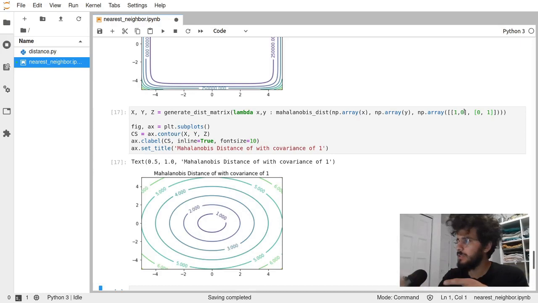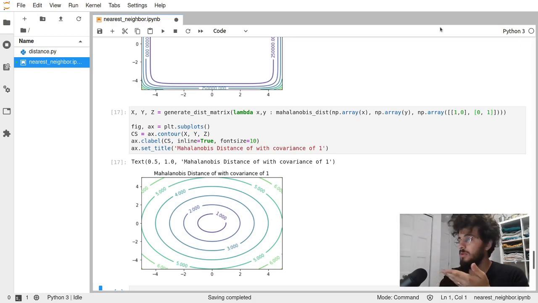Yeah, actually, if you use the identity matrix, so 1 0, 0 1, you're actually going to get back the Euclidean distance. So here you're assuming that they're independent.